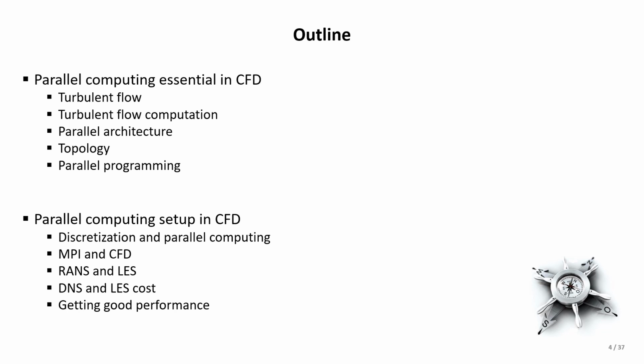We will present the topology of parallel computing and the required parameters for parallel programming for CFD. Then in the second part, we will look at the setup of parallel computing in CFD, how we make the discretization on parallel computing, and MPI in CFD.